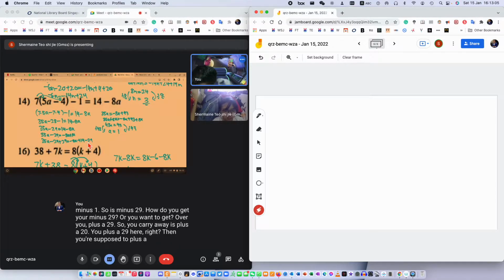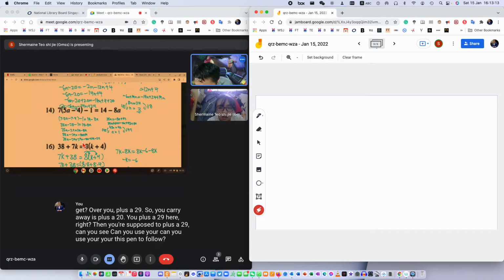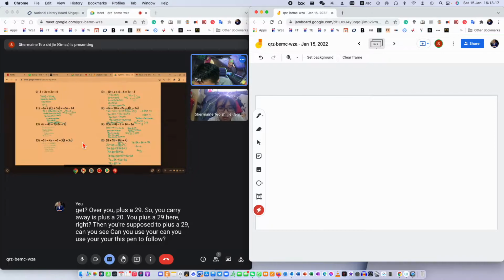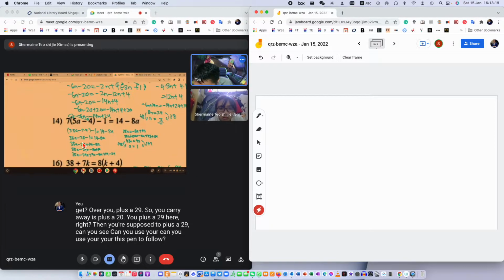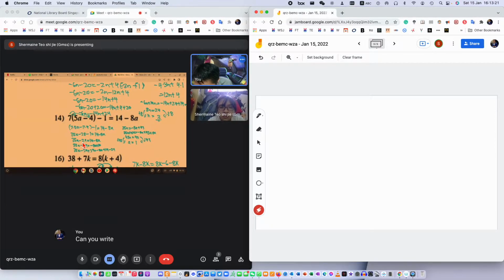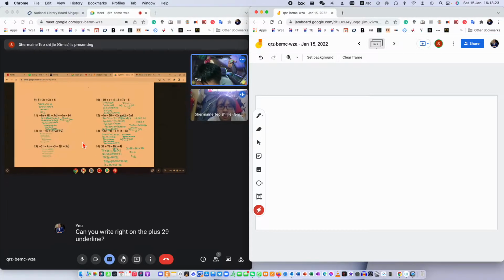Can you see? Can you use your pen to follow? Can you write on the plus 29? Underline the plus 29. Right.